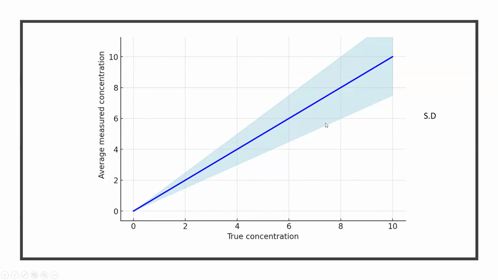The shaded part here, I've included to show the standard deviation of the analytical method at each concentration, on the y-axis. Then you can see here that the standard deviation increases as the concentration increases.